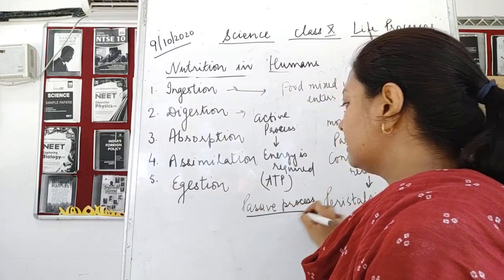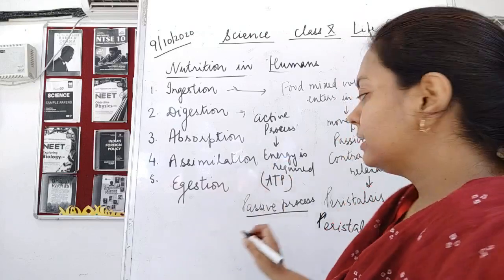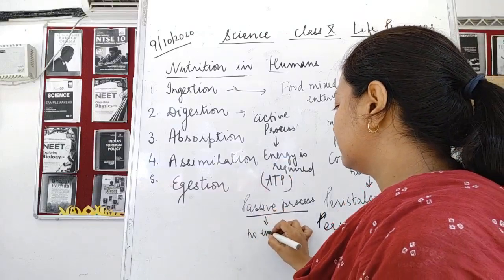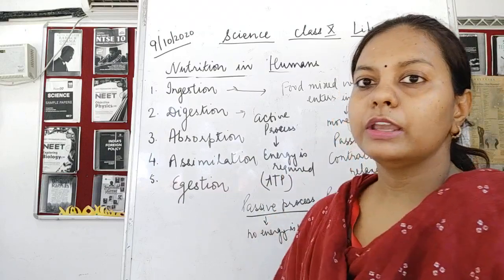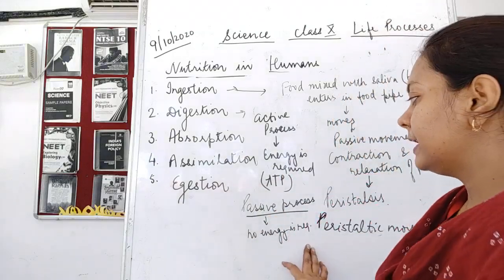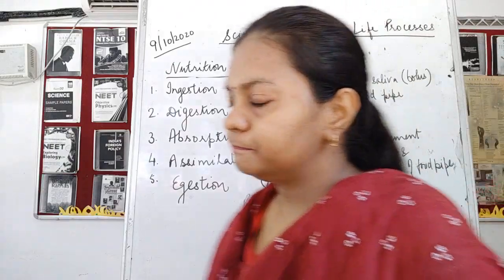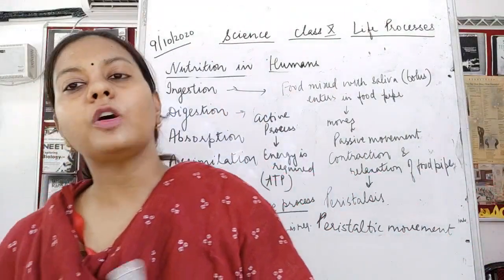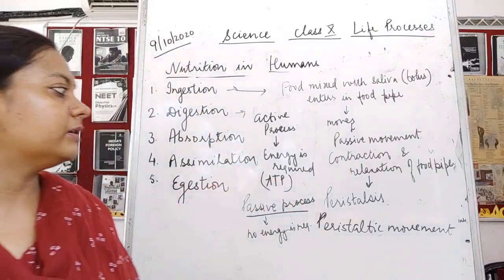Now the opposite word is the passive process. What does this mean? In an active process energy is being used up, so here no energy is required. This is the process where no energy is required, which means the process is taking place on its own. Once it is initiated, once it starts, it keeps moving.